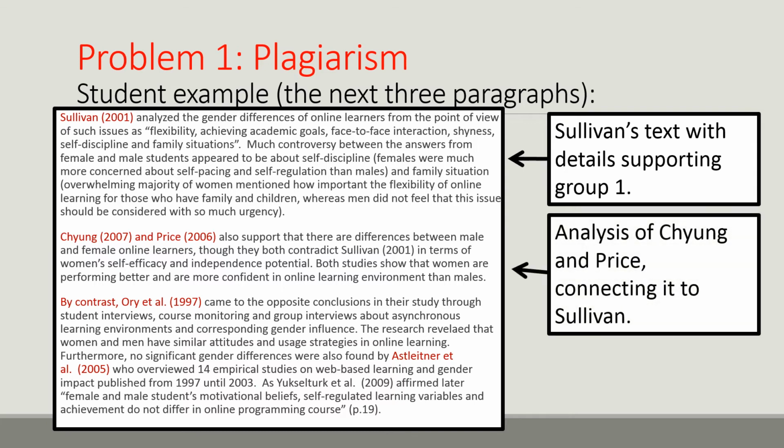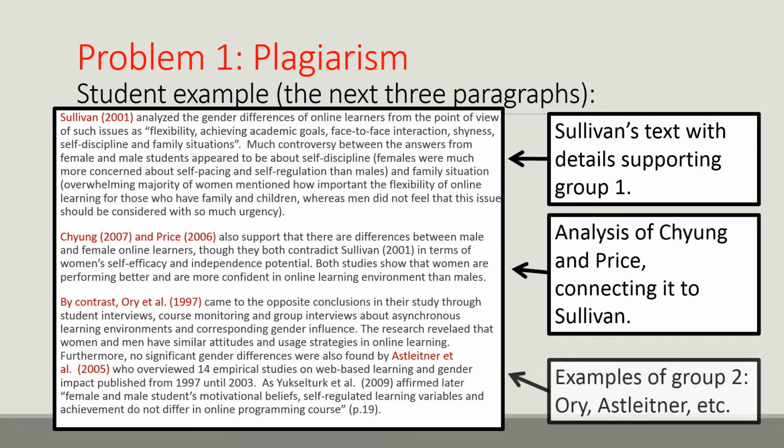And then Chung and Price, which is an extension of that same group one, and then the examples from group two. So I want to go back and look at Yüksel-Türk to see how closely has this mirrored the other, because as you see here, the student is presenting this as new research, as an original interpretation of these sources.